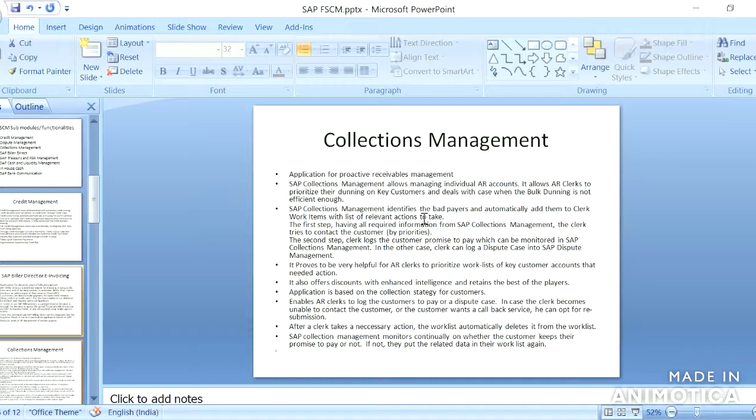If the customer is paying before the due date, definitely we are giving some discounts. So the customers who are interested to pay in advance will pay and avail the discounts.